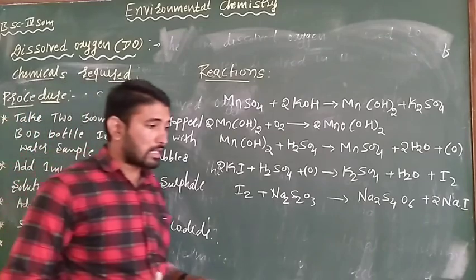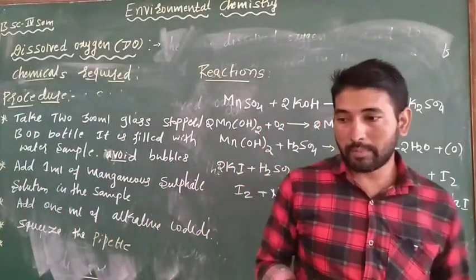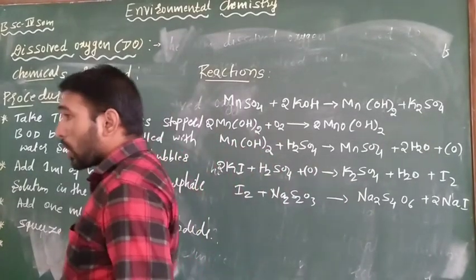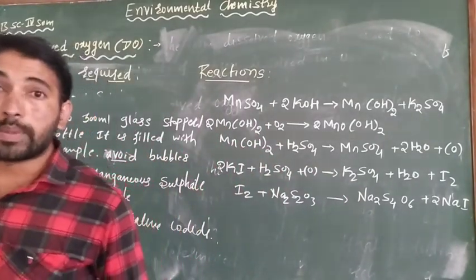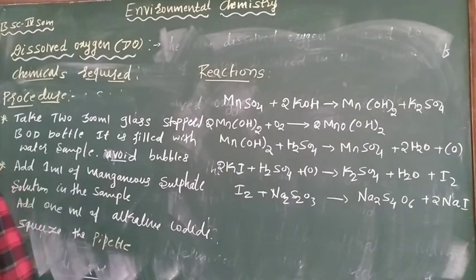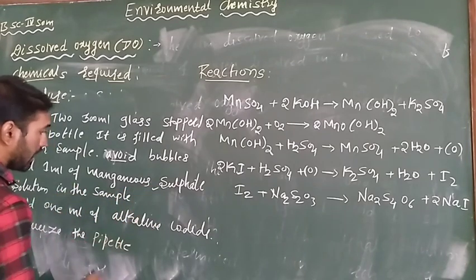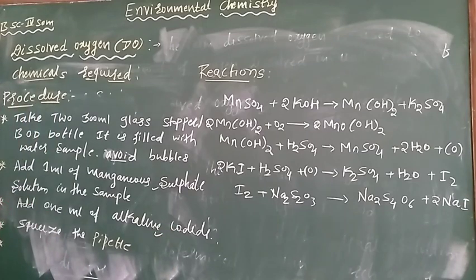If oxygen is present in the water sample, then a cloudy brownish orange precipitate is formed. A cloudy brownish orange precipitate will appear here after addition of manganese sulfate and alkaline iodide.